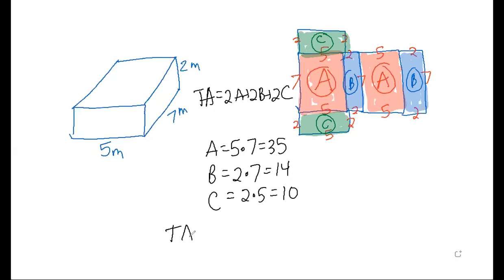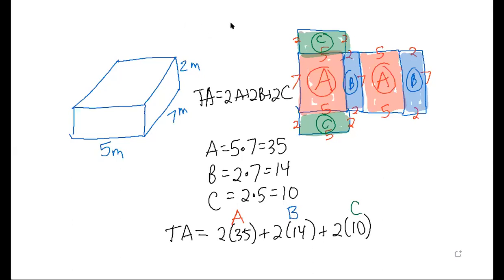Wait, don't you have to multiply? Yep, we're plugging into the formula now. What are 2 groups of 35 plus 2 groups of 14 plus 2 groups of 10? Okay, that's what we're figuring out now. So we have 2 A's, we have 2 B's, and we have 2 C's.